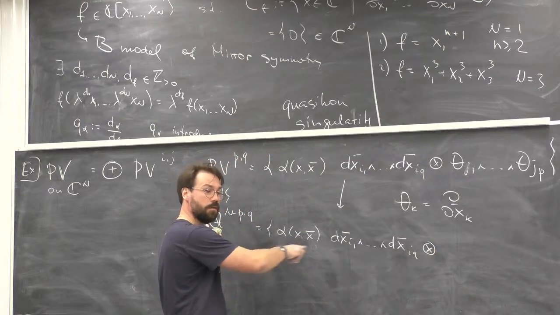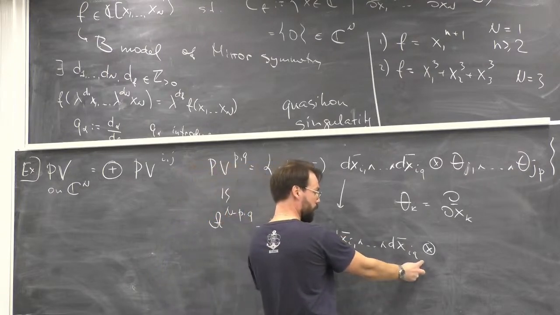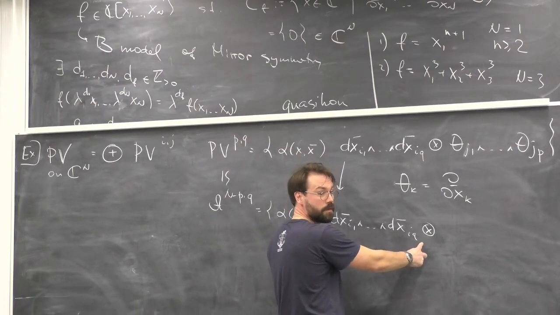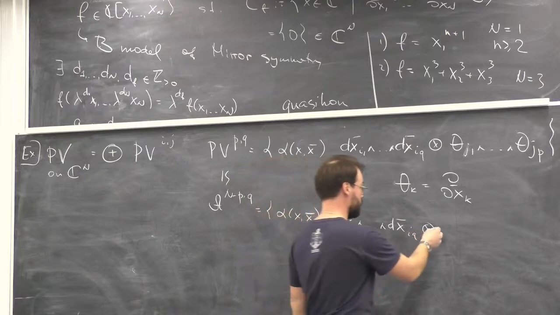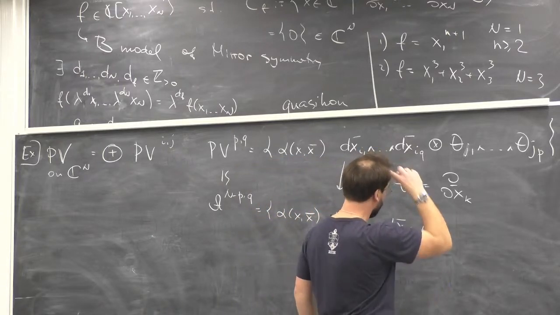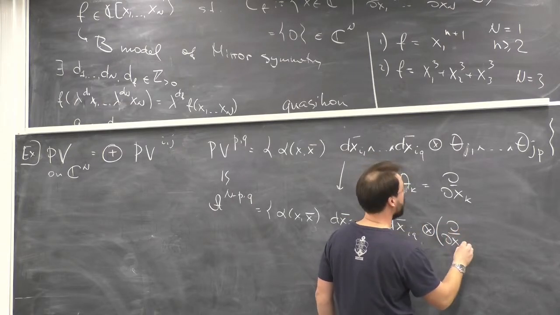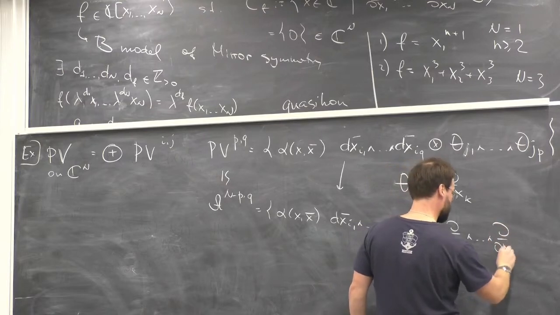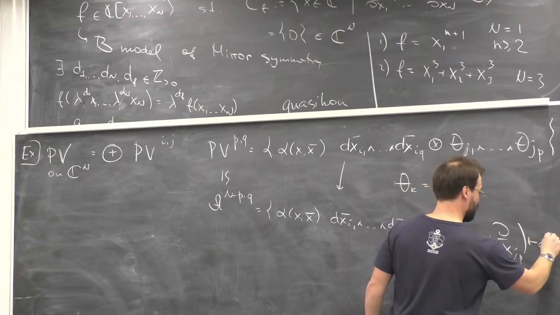So right here I use both I and J forms. So I have Q non-holomorphic differentials, and both are holomorphic too. But the holomorphic part will be obtained by D^n x.